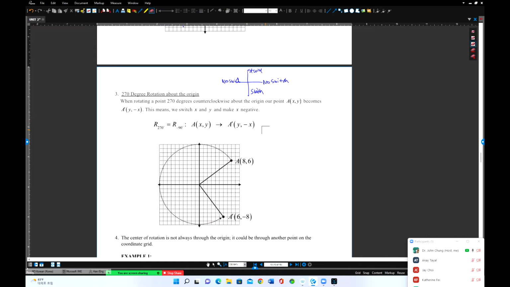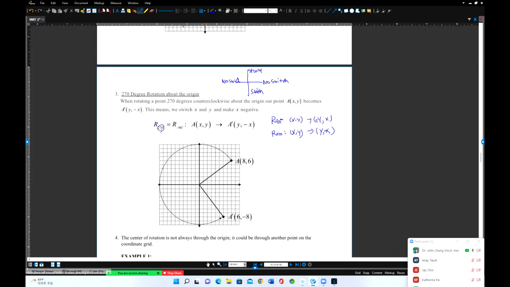For 90, the first number is minus: R90 is (-y, x). For R270, switch (x, y) to (y, x), but this time the second number is minus. That's the difference.